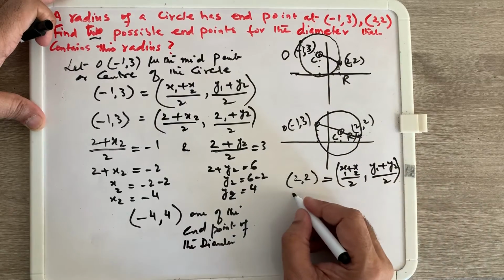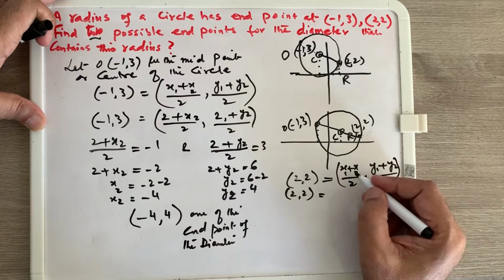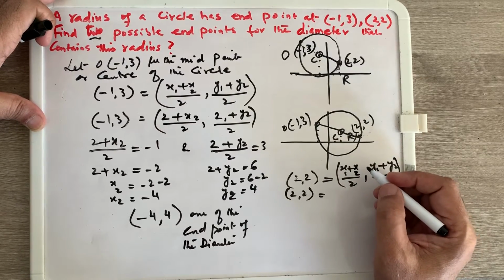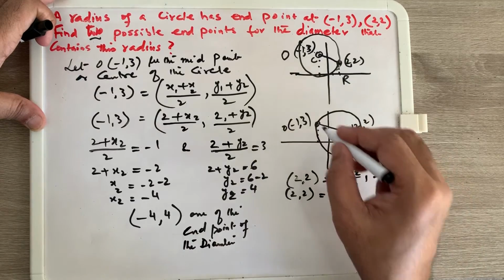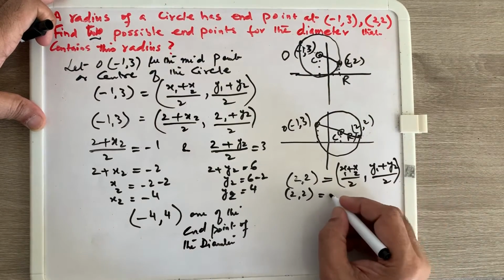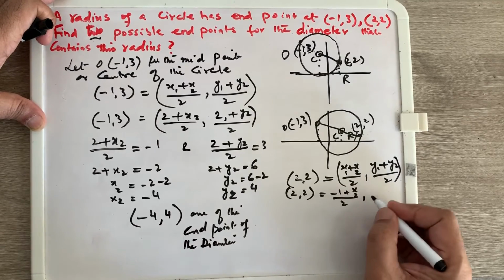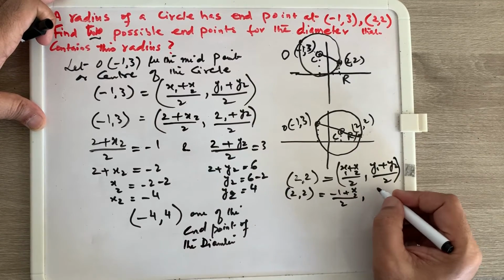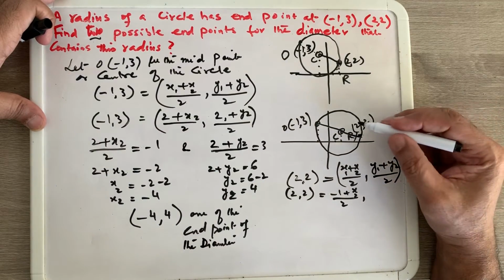So now 2, 2 is equal to, what is my x1? So my x1 here in this case is minus 1, right? So my minus 1 is my x1, right? Minus 1 plus x2 divided by 2, comma 3. We have got what we have got here as a coordinate, right?